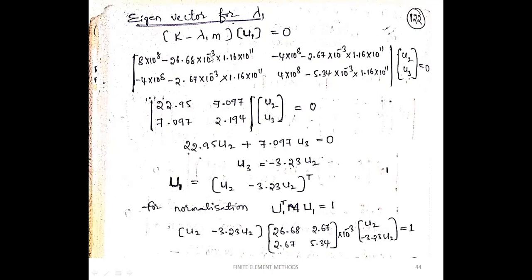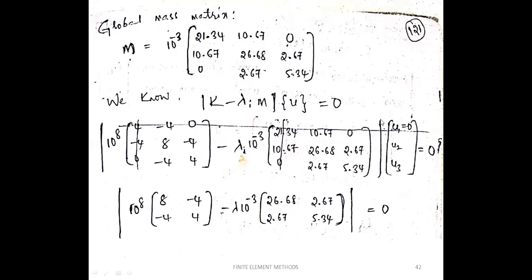For this, we write k minus lambda 1 m, where k is a 2 by 2 matrix and m is a 2 by 2 matrix. Why? Because we reduced the 3 by 3 into 2 by 2 once we apply the boundary condition.